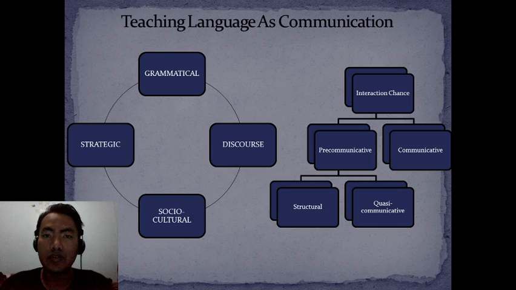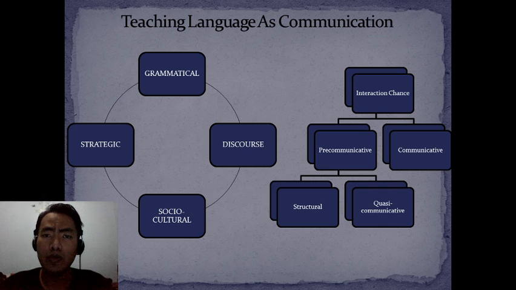The first principle that I'm going to explain is the concept of teaching language as communication. From the sentence itself, we can see that there are two different variables, the teaching activity and the concept of language as a means of communication.